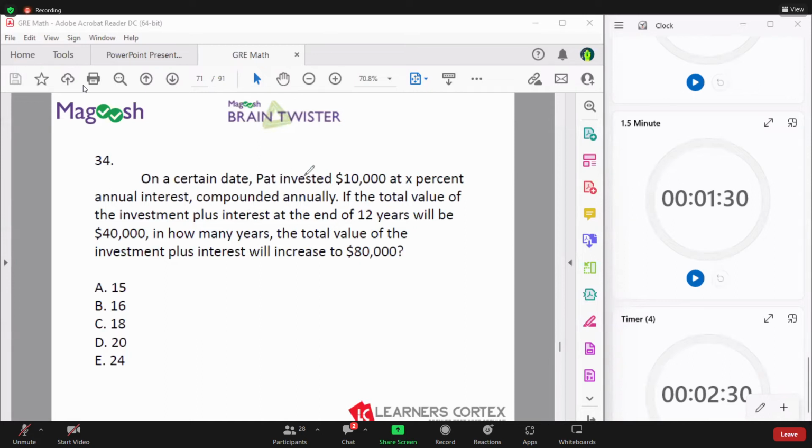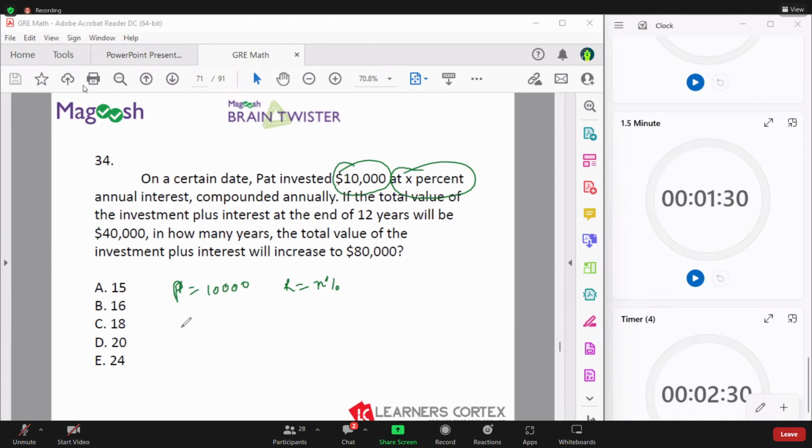So on a certain date, PAD invested $10,000, so principal equals $10,000. X% annual interest, so rate equals X% compounded annually.